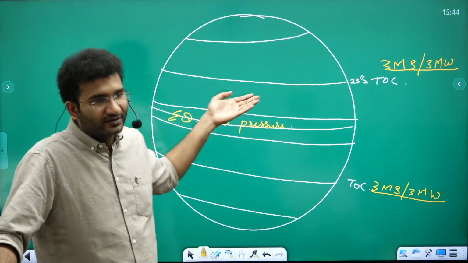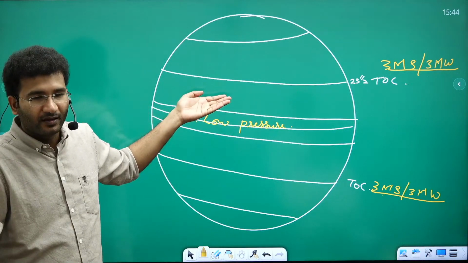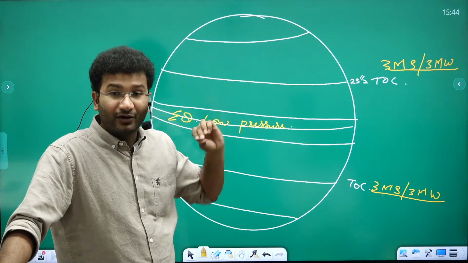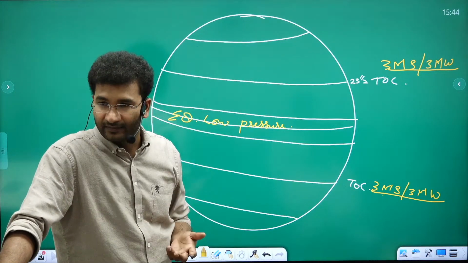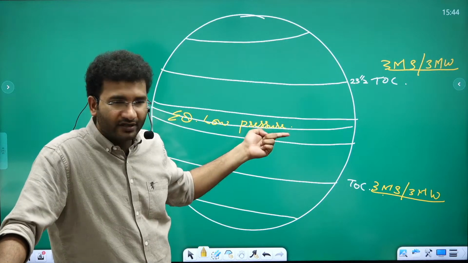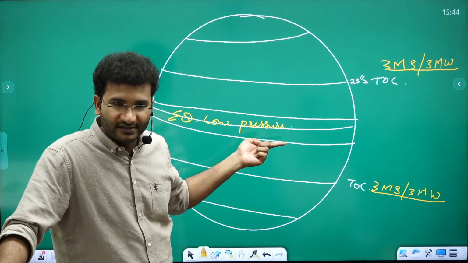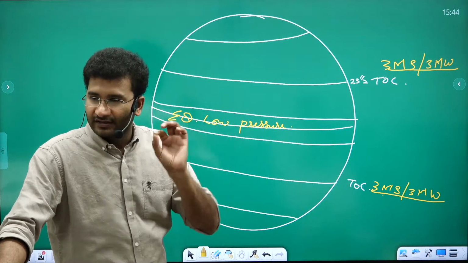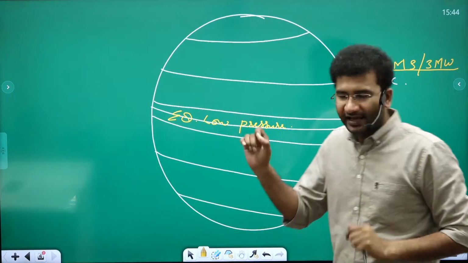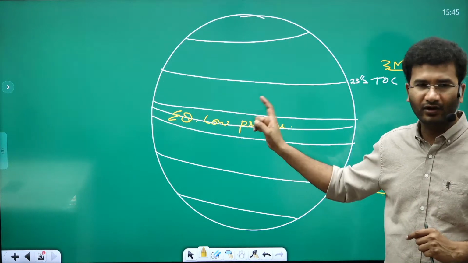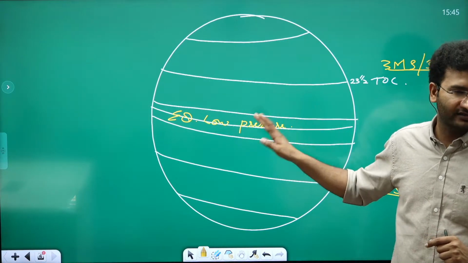Low? Yes, temperature is low. But see, this particular area is not thermally induced. Why is the pressure low here? What is the major reason? Yes? High temperature. That means the high direct sun rays, that means temperature is the sole factor deciding the pressure belt that is present here.